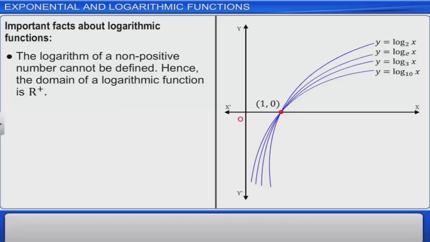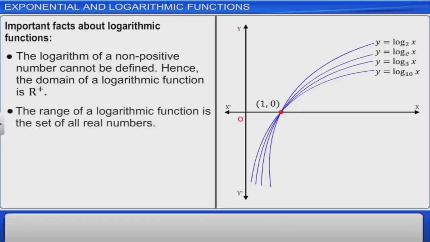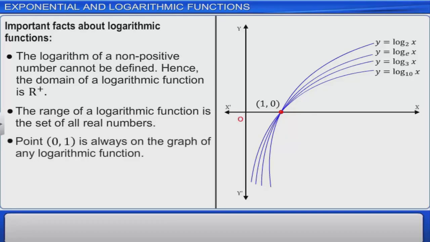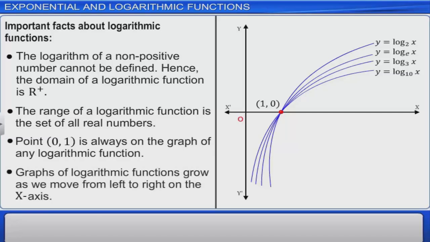Point 0, 1 is always on the graph of any logarithmic function. Graphs of logarithmic functions grow as we move from left to right on the x-axis. Graphs of logarithmic functions are close to the y-axis but never touch it for any small positive values of x.